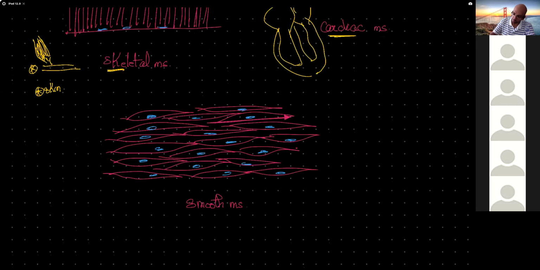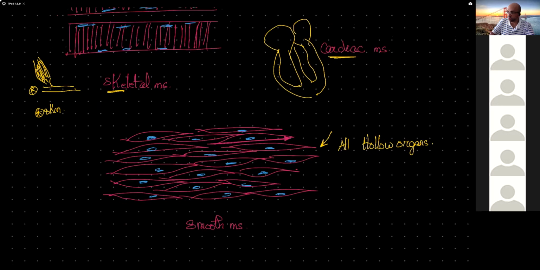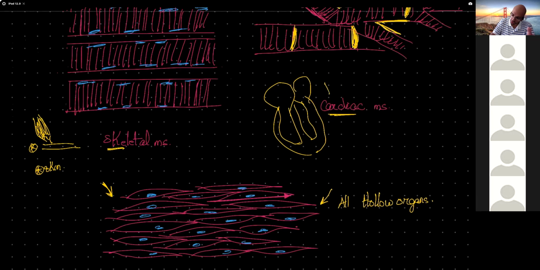Smooth muscle is under involuntary control, with no striations and spindle-shaped muscle cells, and it's located in the wall of all hollow organs except for the heart. So think of it, it's under involuntary control, and not in the heart, because in the heart I have cardiac muscle tissue.